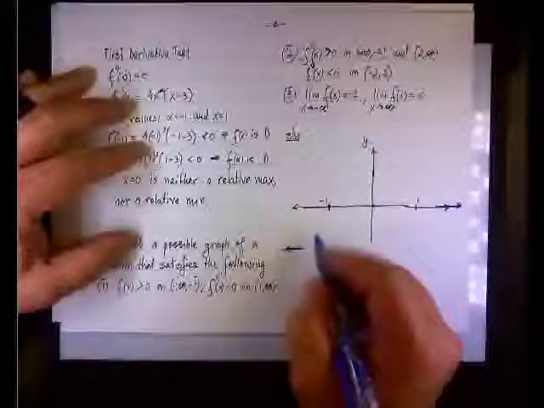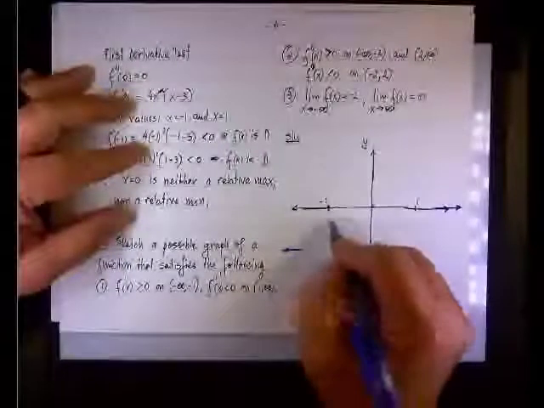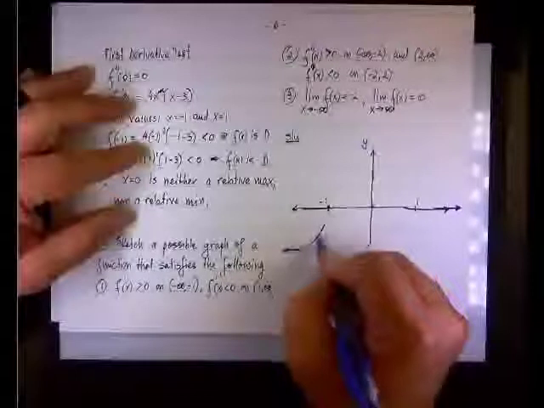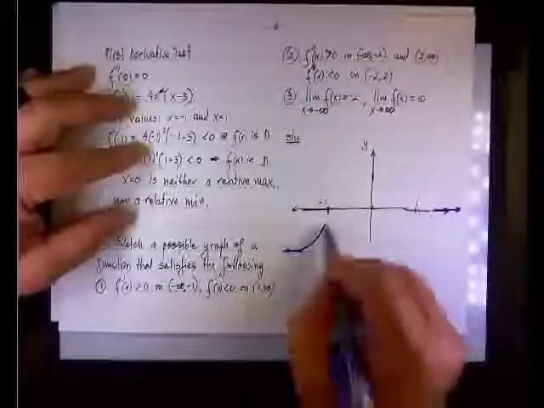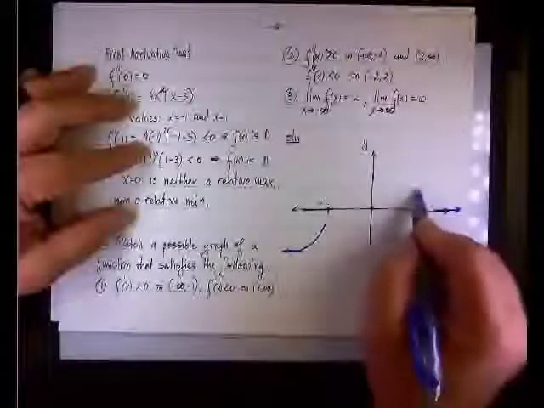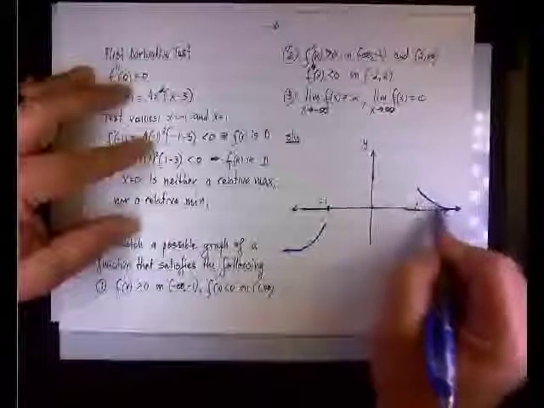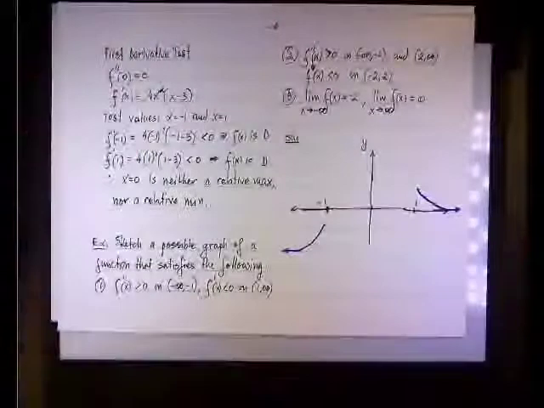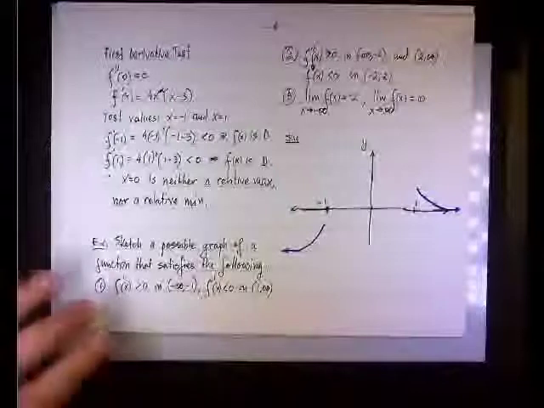So that's all I know, and I know between negative infinity and negative 1, I'm increasing. I don't know what happened after that. And I know that I'm decreasing as I go from 1 to infinity. So let's say this is where I'm decreasing. All right, so this is the information that I was able to get from the first derivative.